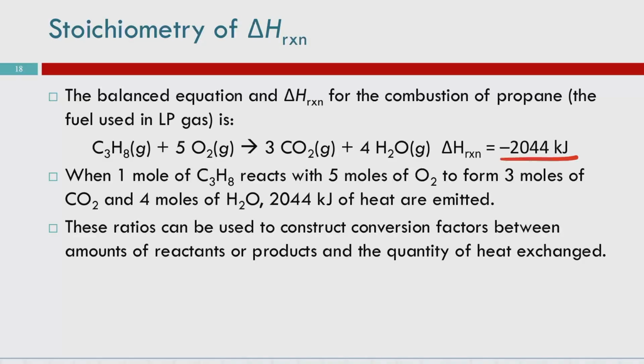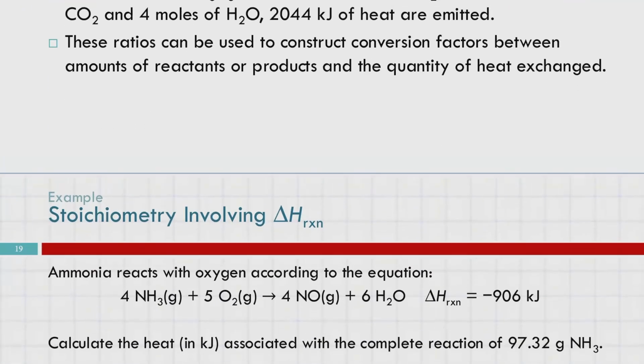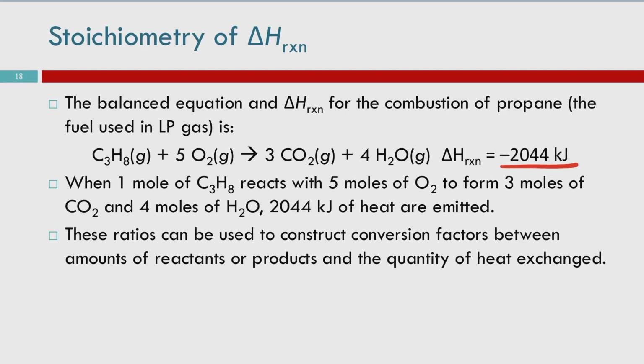What this means is that, do we have examples? We do have an example. I'll do another one here. Let's say that we've got 4 moles of C3H8. We can use this minus 2,044 kilojoules as one of the things in our little ratio that we produce with the coefficient on C3H8. So this minus 2,044 with the 1 C3H8.